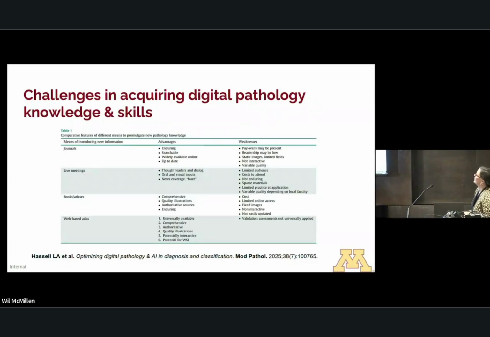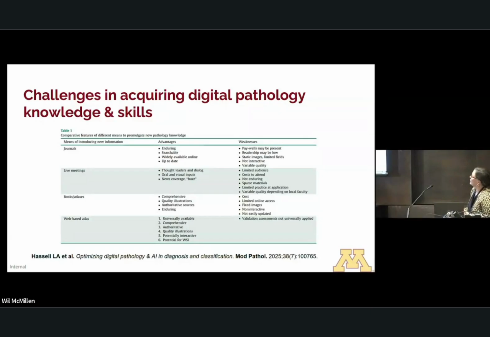So this table from that figure highlights, I think, what are a lot of the challenges in current state in acquiring digital pathology knowledge and skills. So if you want to improve your knowledge on digital pathology today, there are many, many resources and ways to do that. But what I think this paper highlights is that these are still in an emerging state of standardization and consensus from the pathology community in what the gold standard should be.